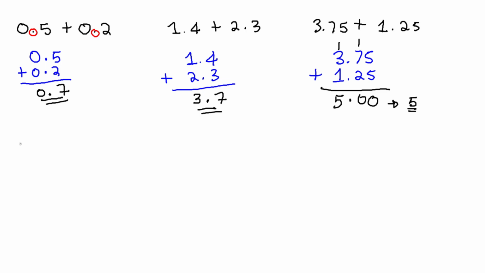Now try to add 0.06 plus 0.009. So the first thing you need to do is line up these two decimal numbers, and now here is a step you need to take. Add zeros to match decimal places.